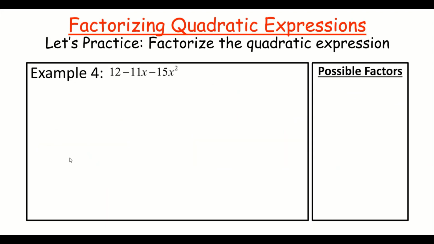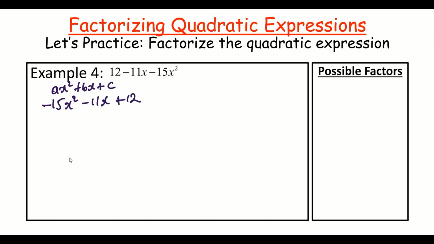Now for our final example, example 4. The first thing we need to do is put it in the form of ax squared plus bx plus c. So in this case, it's going to be negative 15x squared minus 11x plus 12.